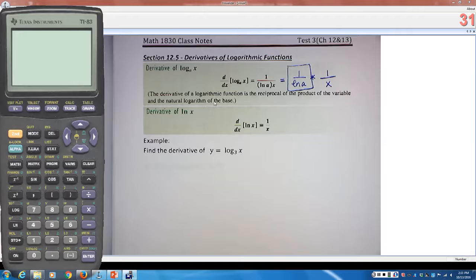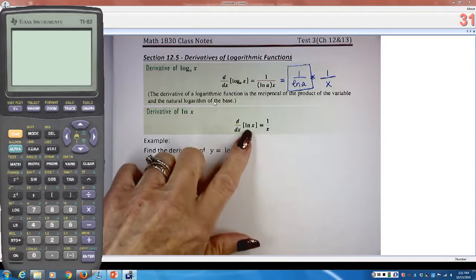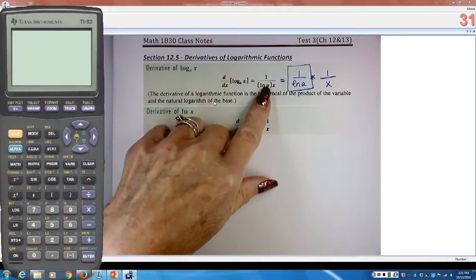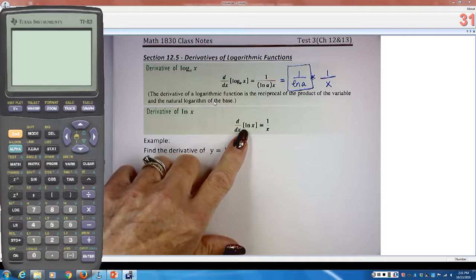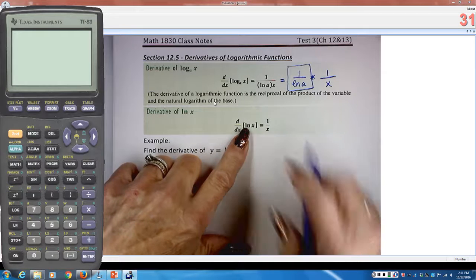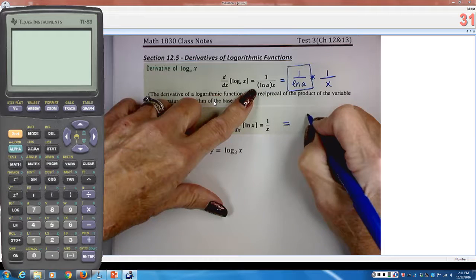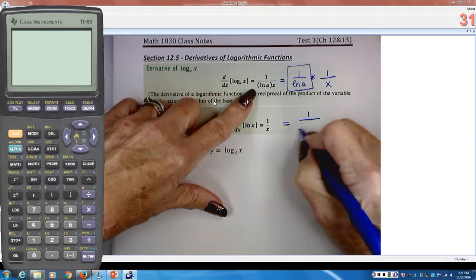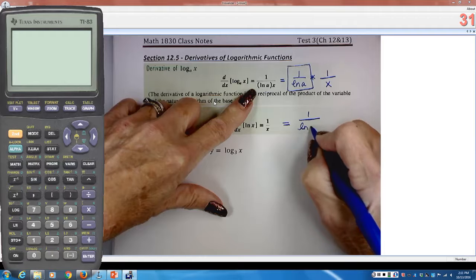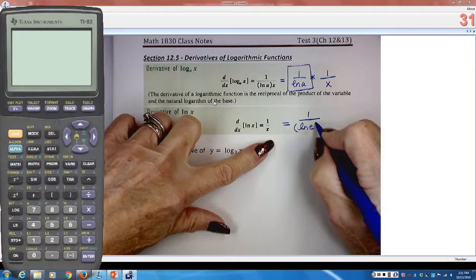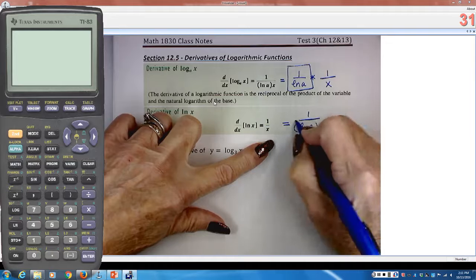Okay? And as it was before, if that base is the natural log, the base e, when you take the natural logarithm of e, this actually follows the same format. It's 1 over the natural log of e, because that's a base e logarithm, times x.